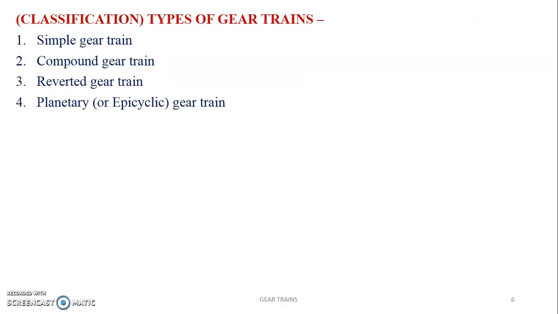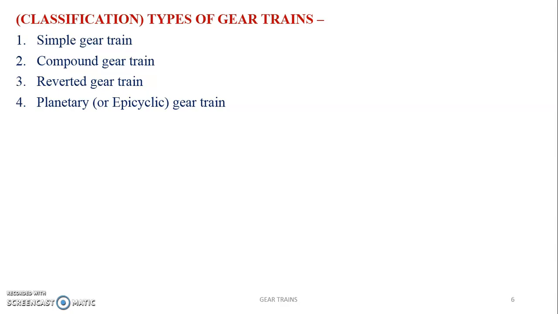Okay, so next we will see the types of gear trains, or the classification of gear trains. First of all, what is a gear train? How many gears are there in a gear train? At least there should be two, because the power has to be transmitted from one shaft to another. So I should have a minimum of 2 gears, and any number of gears depending upon the application.